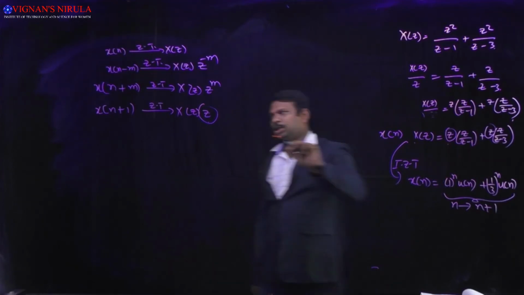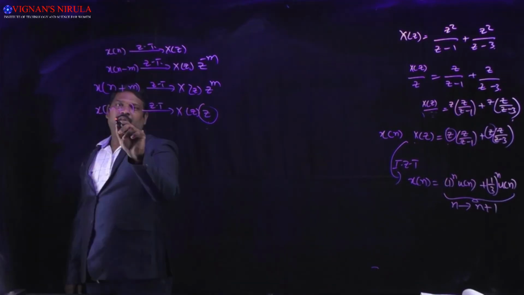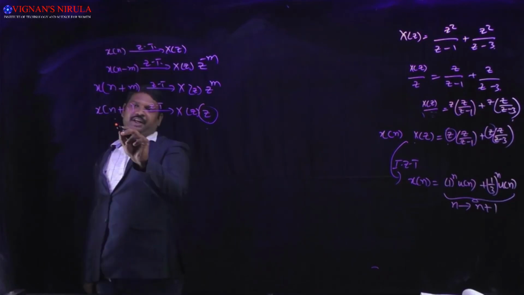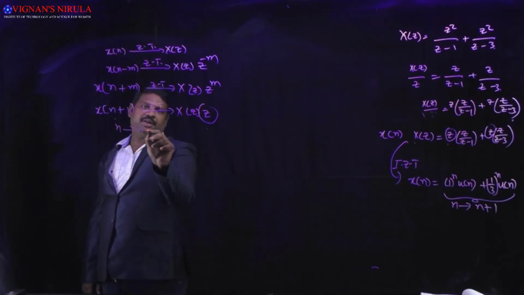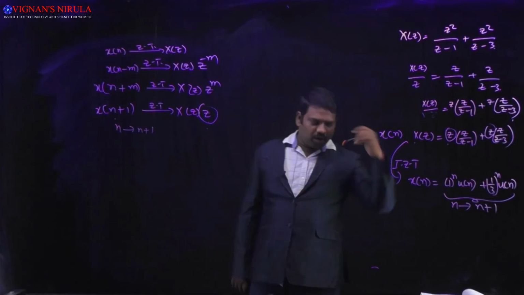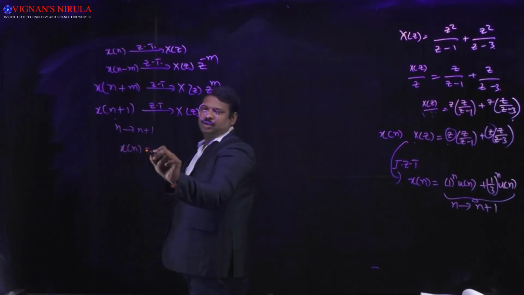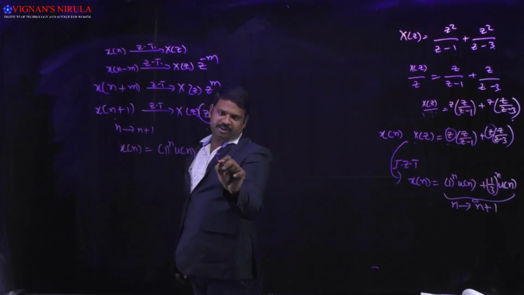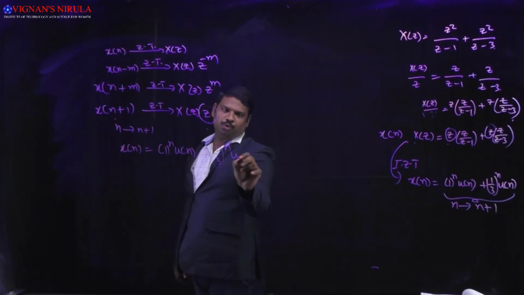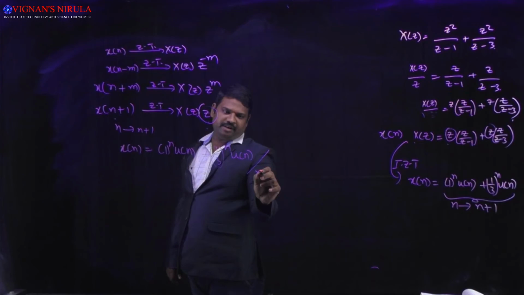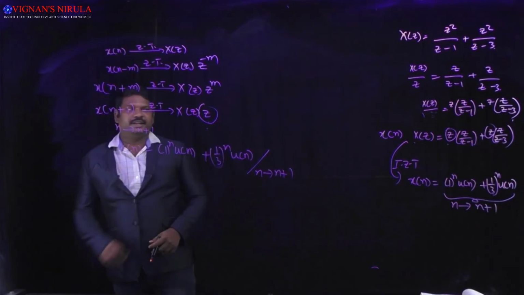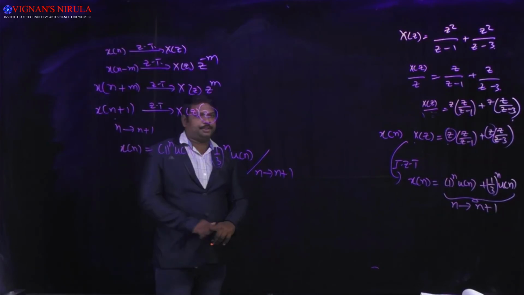Therefore, its inverse z transform should have n plus 1, that is, n will be replaced by n plus 1. Therefore, the x of n will be given by 1 power n u of n plus 1 by 3 whole power n u of n, and the n will be replaced by n plus 1 for satisfying the z in the x of z.